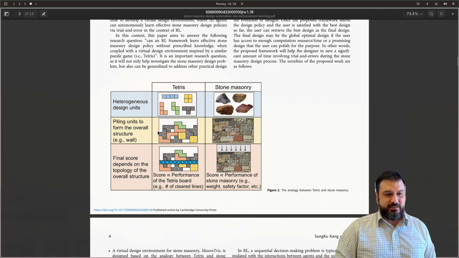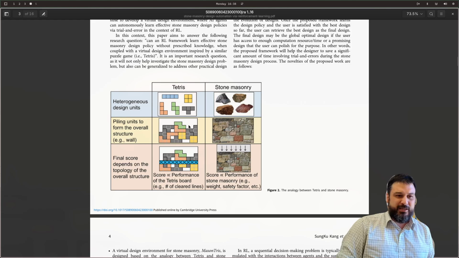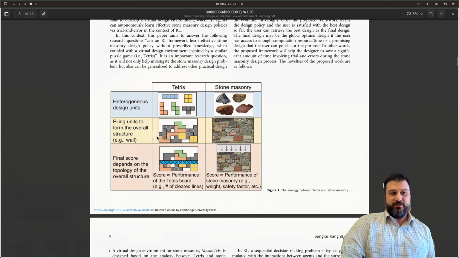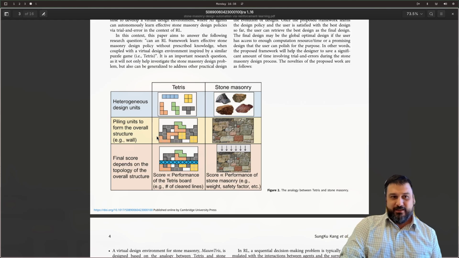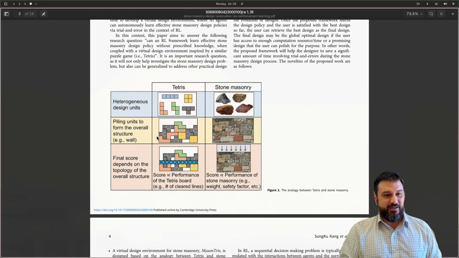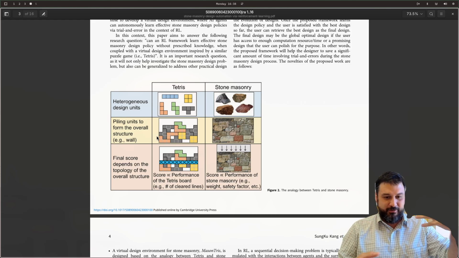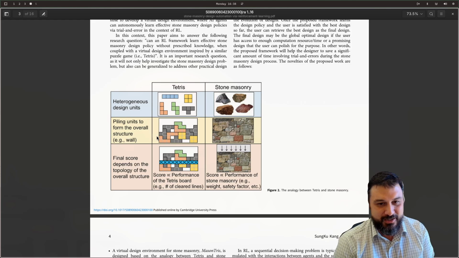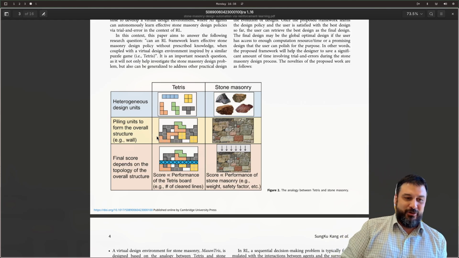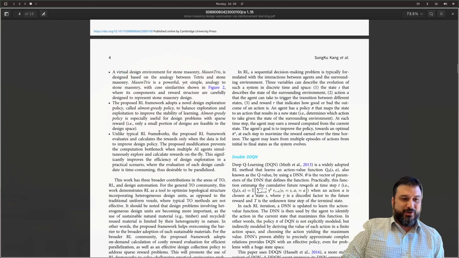So the idea is that you will stack these masonry pieces on top of each other and stick them together with mortar, right? And then you can evaluate using some physics engine the factor of safety of this. And if you can run this enough times, you can teach a system to lay bricks, essentially. This is fun.